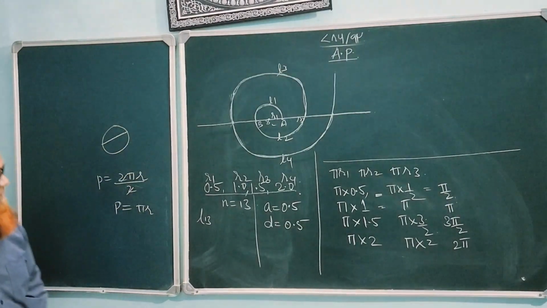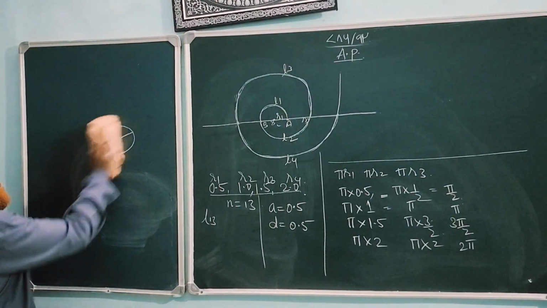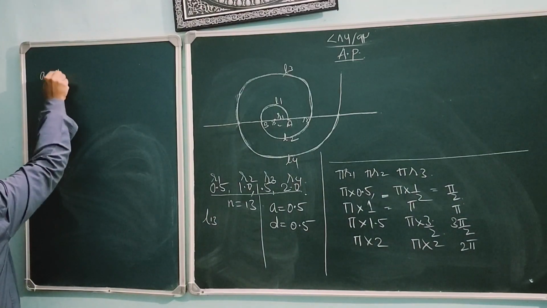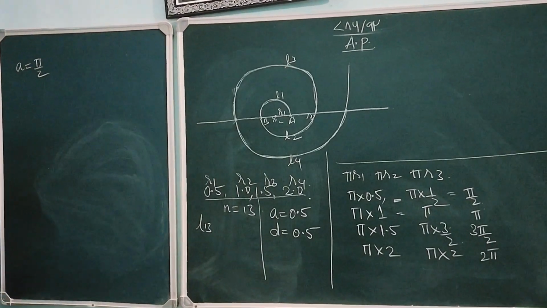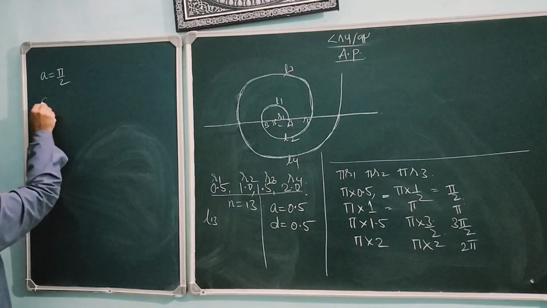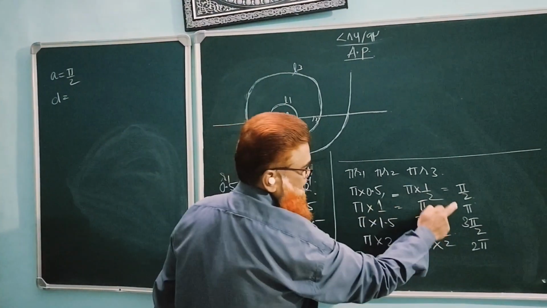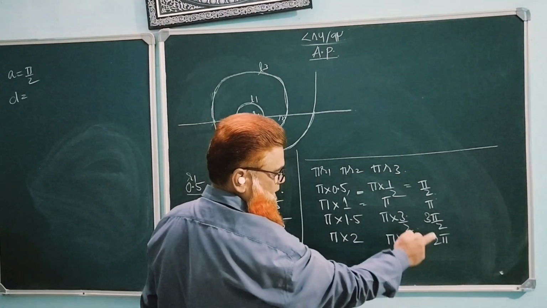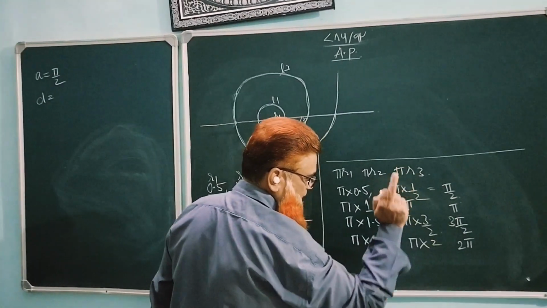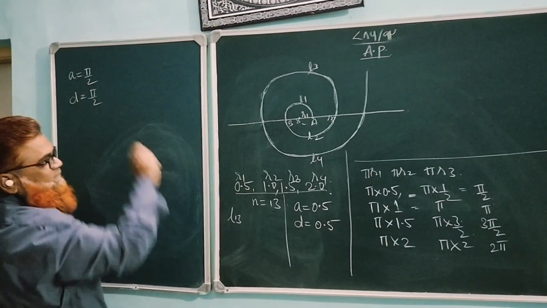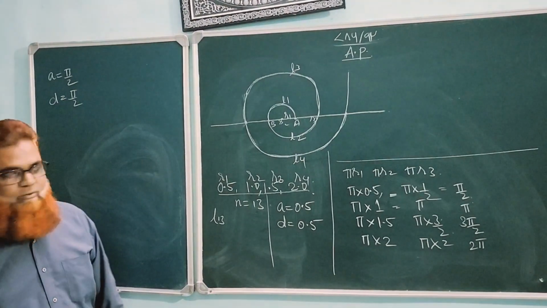Now according to that, the first term is a equals pi by 2. And d is the difference: pi minus pi by 2 is pi by 2, 3 pi by 2 minus pi is pi by 2. So d is pi by 2.